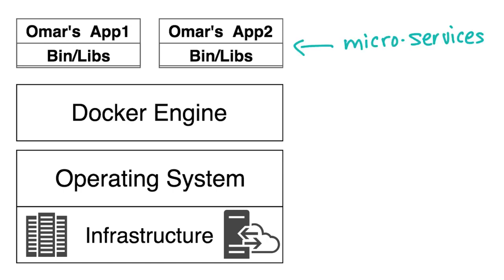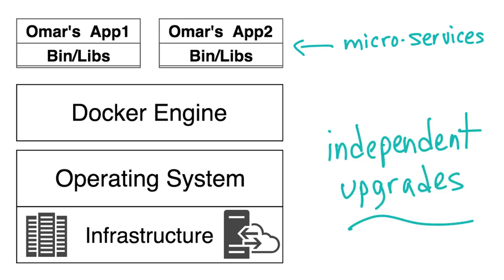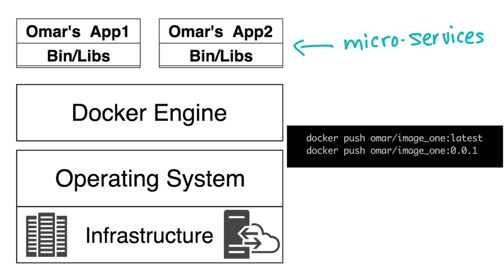Each container can be seen as a different microservice, and you can upgrade them independently very easily, right? So that's one of the biggest benefits from running a microservice architecture or a multi-container architecture, right? That's because each image of a container can be version controlled, so you can track different versions of the container and, again, upgrade them very easily.